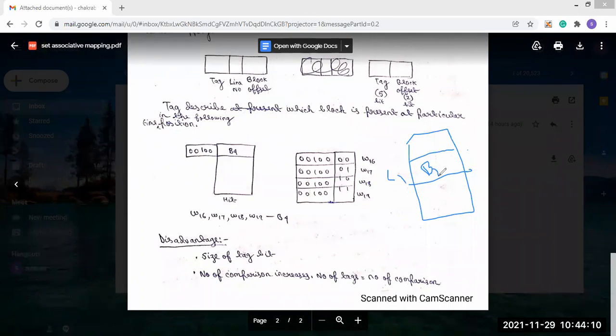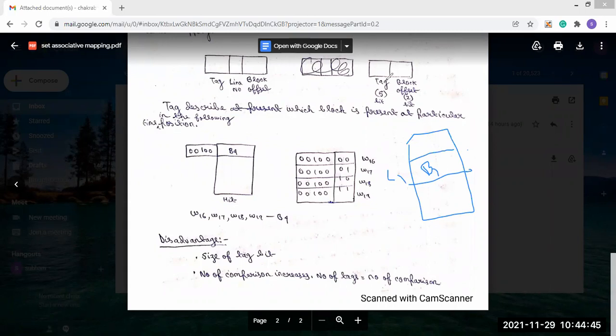But here, if block 1 is not present in line number 1, then we also have to check line number 0, line number 2, and line number 3, because block 1 can be present anywhere. So instead of one comparison, we are doing 4 comparisons. That's why the number of comparisons increases in the associative mapping. This is the disadvantage.